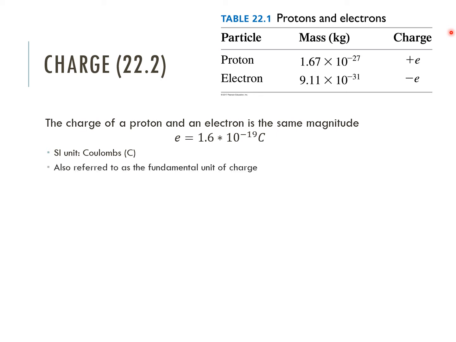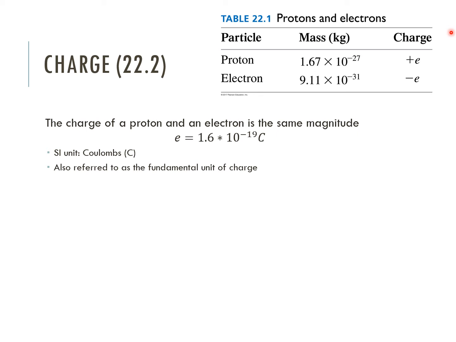This e value is also sometimes referred to as the fundamental unit of charge. As far as we are concerned, this is the smallest amount of charge that can exist upon an object. And the reason for that is, as far as we are concerned in our current theories for particle physics, the electron cannot be broken down into smaller components.